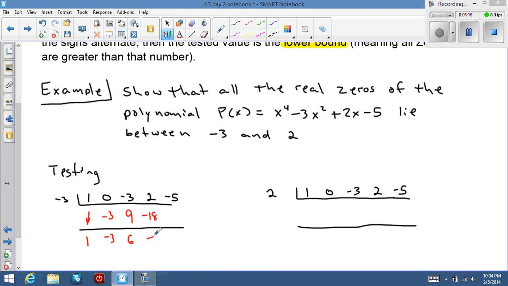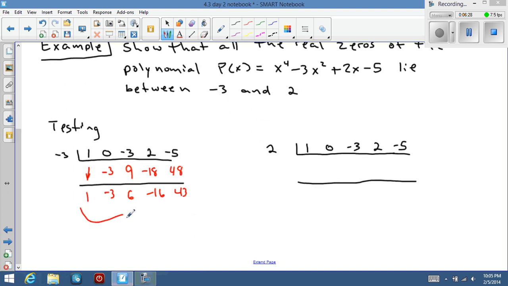We add, we get negative 16. Negative 3 times negative 16 is 48. We're going to add and get 43. So all of these are alternating signs, so negative 3 is the lower bound.